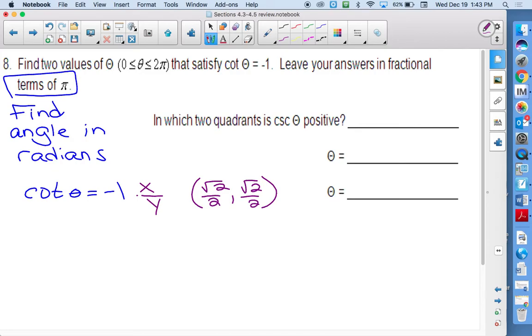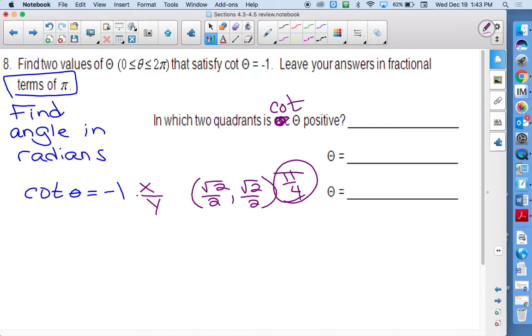What angle goes along with having an x and y of the square root of 2 over 2? Yeah, pi over 4. So that's the family that we're looking at. Because the ordered pair is the same, that would make us have a value of +1 or -1. So x and y must be the same. All right, so in which two quadrants is cotangent negative?